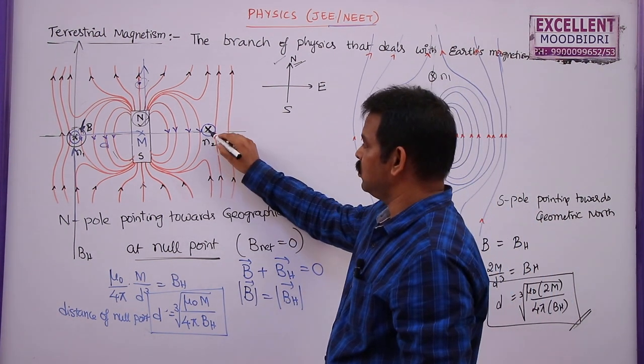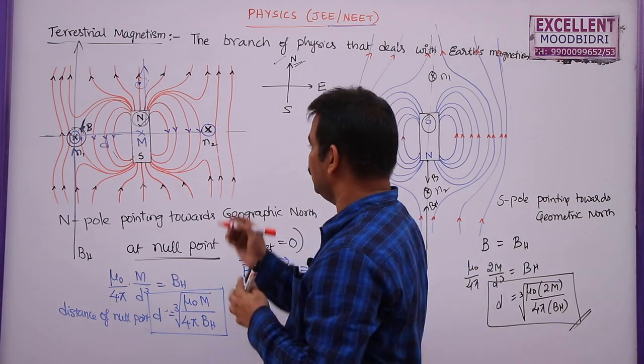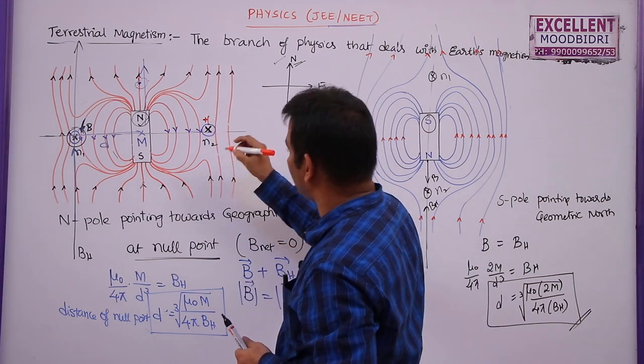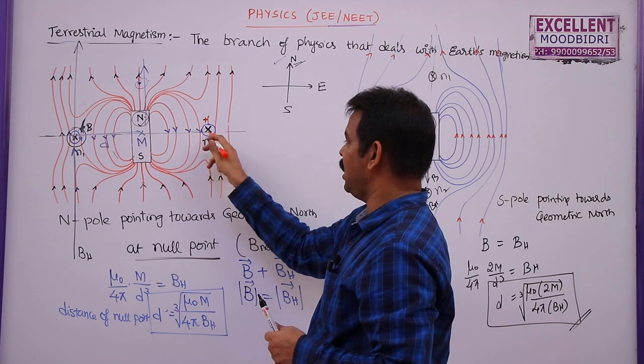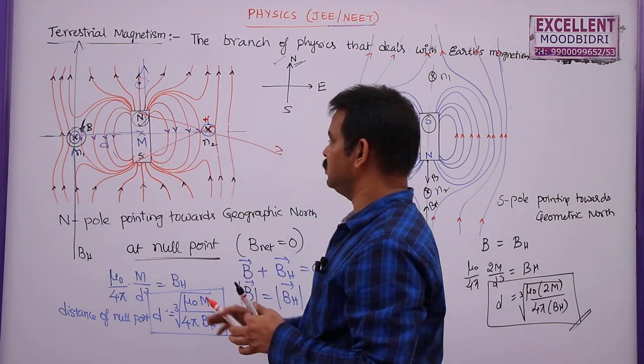If you are not sure about the direction of the magnetic field induction here, what can we do? Just assume that a unit north pole is placed here. North to north will repel, north to south will attract in this direction.